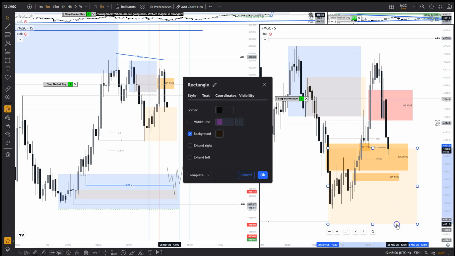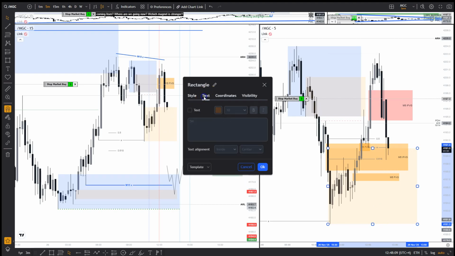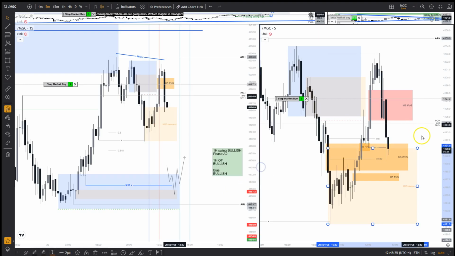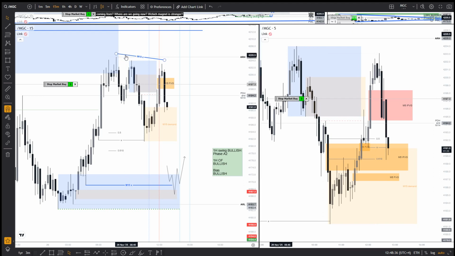M15 order block. Yeah, so we have strong support here. Plus we have a really good target for bulls, which is Asia range high, and the liquidity that was built.